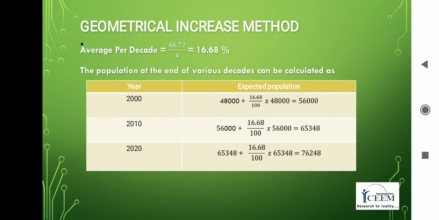For 2000, the expected population according to geometrical increase method, we put the values of Pg and P: 48,000 plus 16.68 divided by 100 into 48,000 is equal to 56,000.